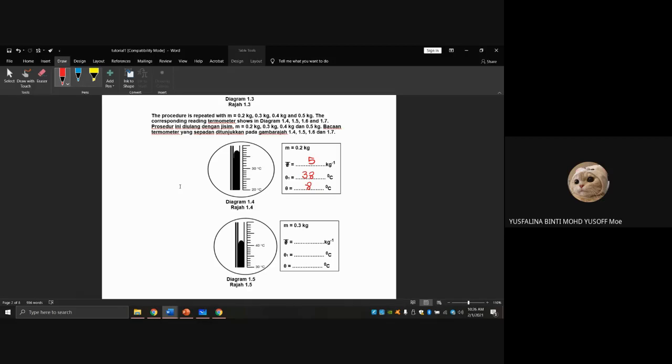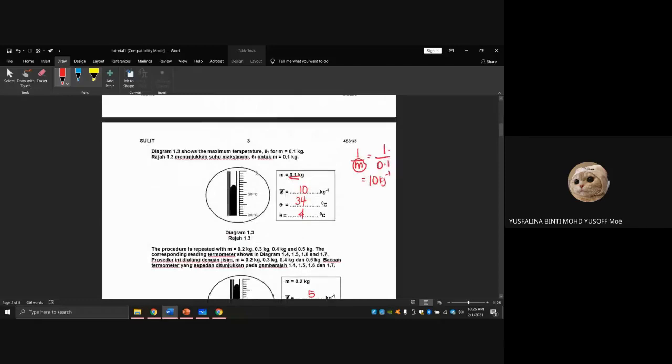Teacher, I don't really understand the first one. That's why you should ask, right? So, I use Diagram 1.3 as an example. m is 0.1, and then here is 1 over m. The symbol changed because I converted from PDF.